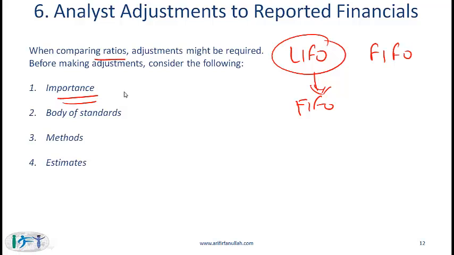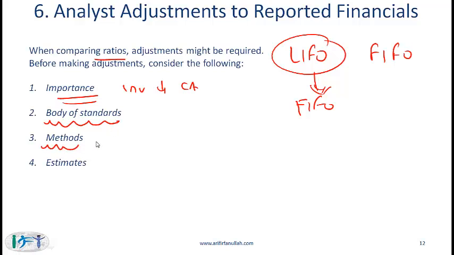If we are evaluating a company where inventory is a very low percentage of current assets, then it might not make much sense to do the LIFO to FIFO conversion. We should also look at whether the companies we are comparing are using the same body of standards or a different body of standards. If different standards are being used, then it would generally be important to make conversions.